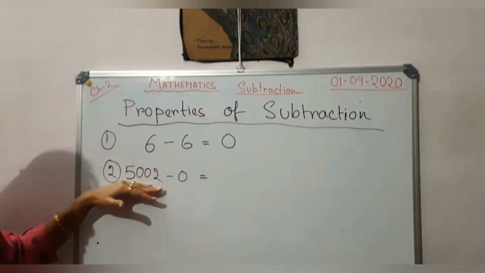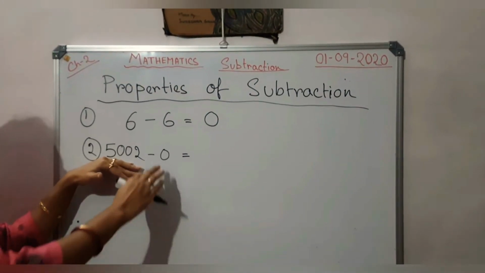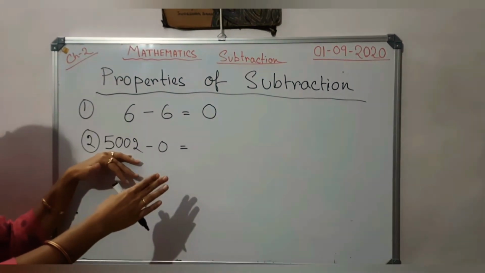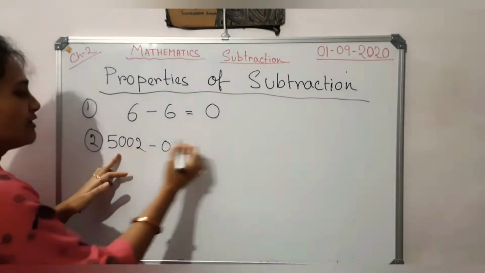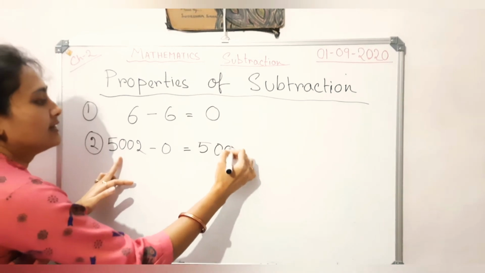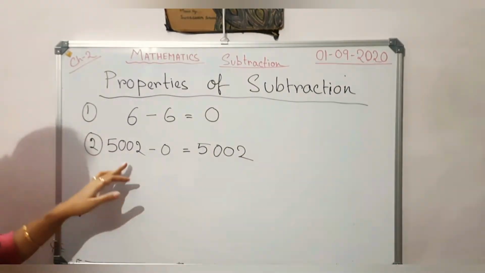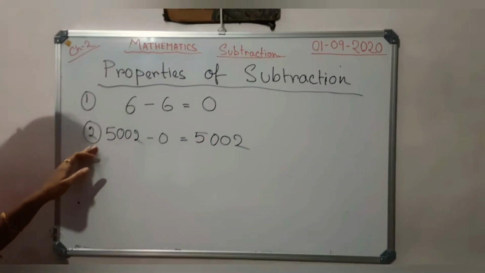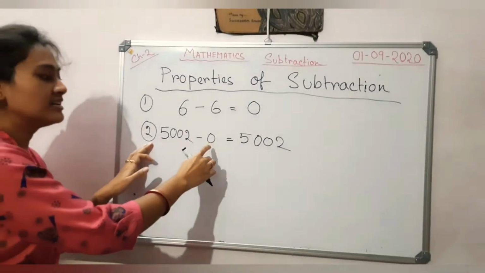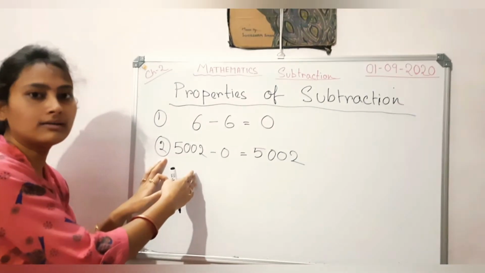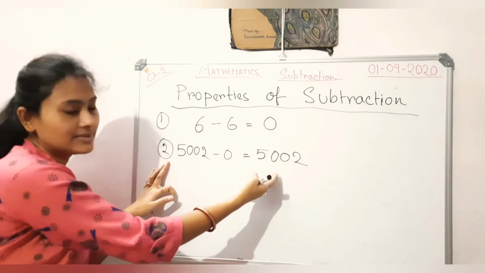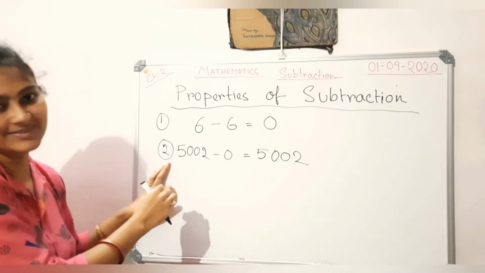This number was given in your question and you have to subtract nothing. So what will come? The number itself, 5002. So my property number 2 is, whenever I subtract 0 from any number, the answer will be the number itself. Understood?